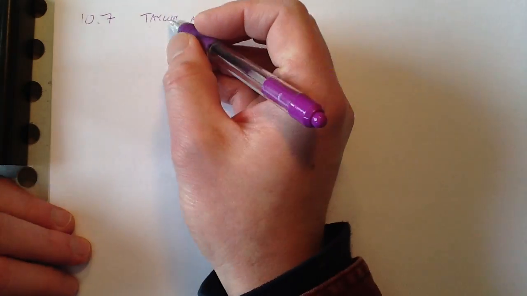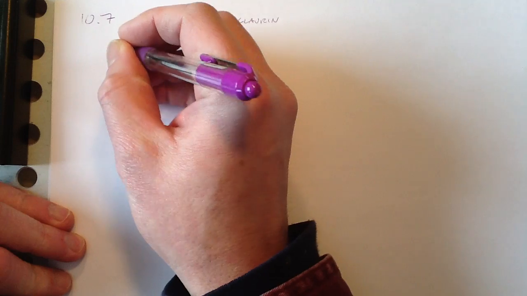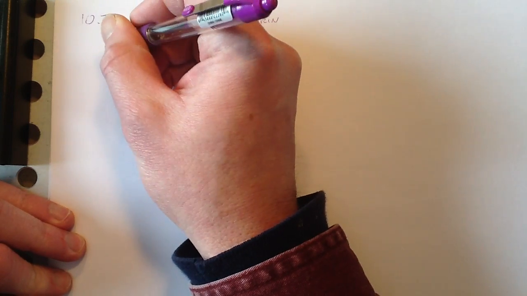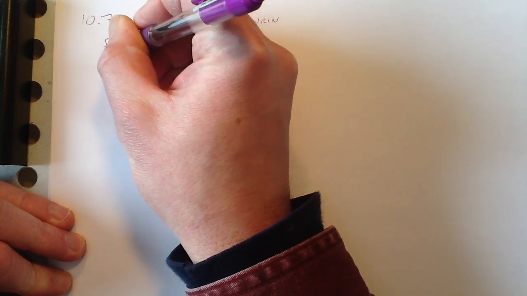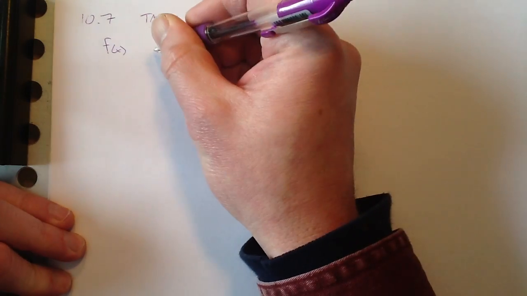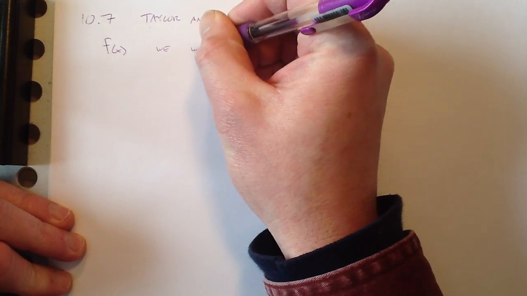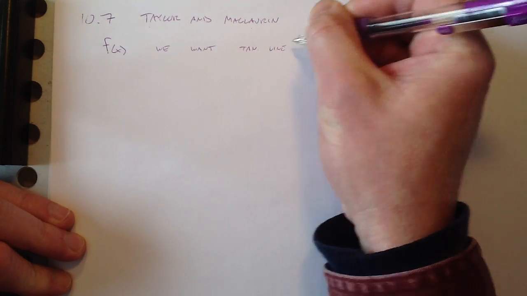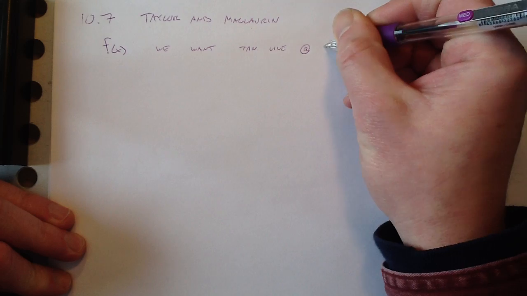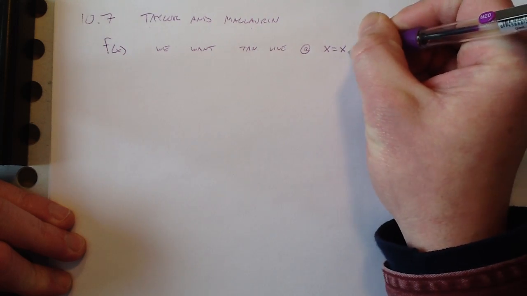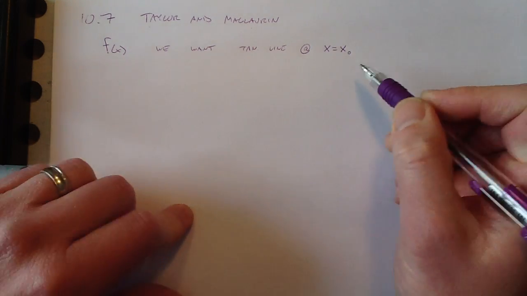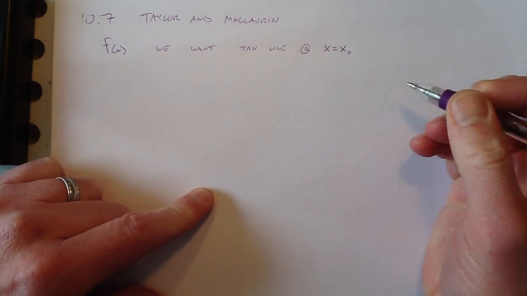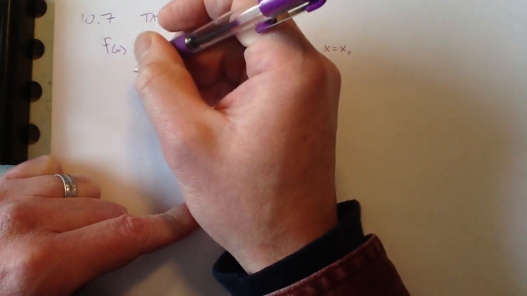So let's start by just thinking about what a tangent line approximation looks like. Let's say we have some function f of x, and we want a tangent line at x equals some point, we'll call it x sub 0. Well, what we need is the point.